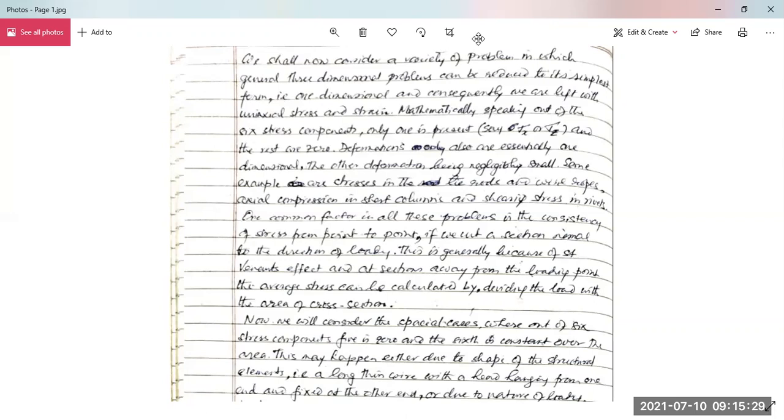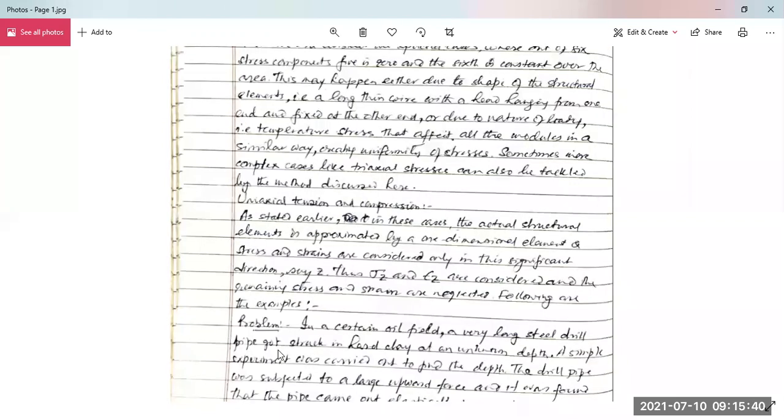Here, what we deduce: in a certain oil field, a very long steel drill pipe got stuck in hard clay at an unknown depth. For boring in oil fields, we use a drill, that is a drilling pipe.